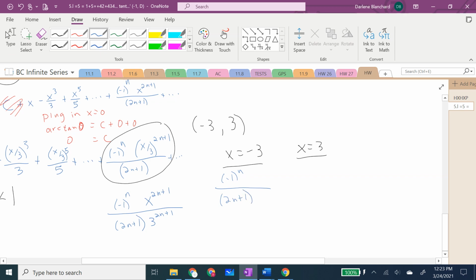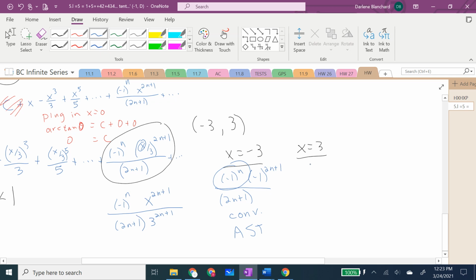When I replace x with a negative 3, I am getting a negative 1 to the 2n plus 1. But 2n plus 1 as an exponent is just saying, hey, negative 1 will always be there. But I do have this, making it an alternating series. And it will converge.